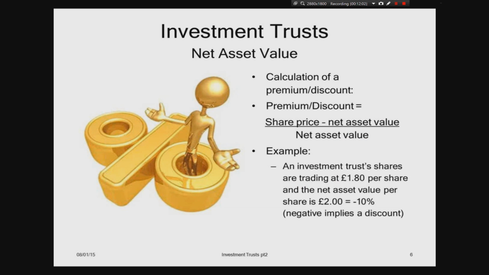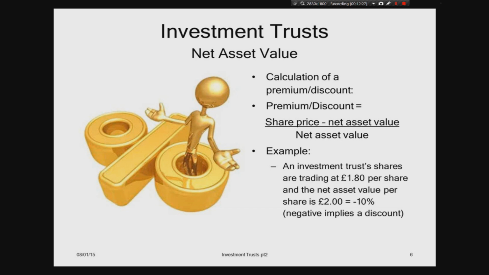Let's have a look at how to calculate premium or discount. So we know what the net asset value is of a share. We can work out that. What we're saying there is, if an investment trust was to wind up and realise all its assets, the net asset value is what I should get for that wind up.